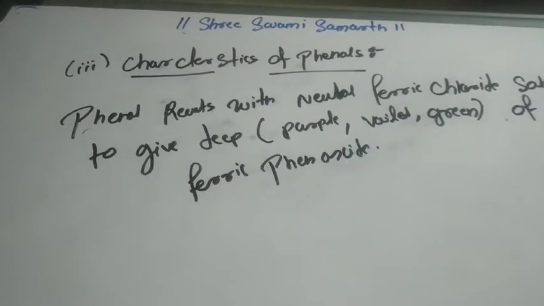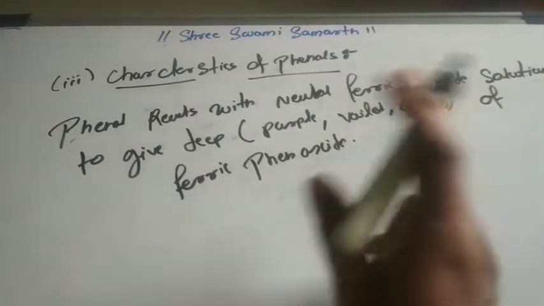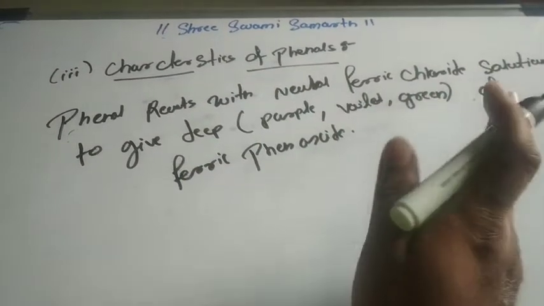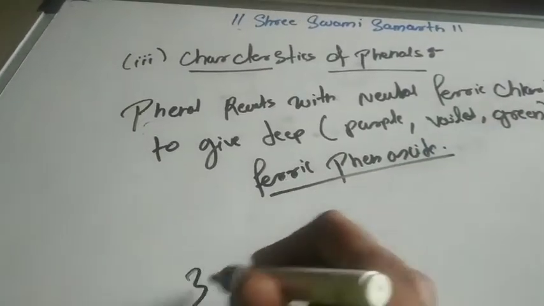So you all can note it down. Characteristic test for phenols: phenols react with neutral ferric chloride solution to give a deep purple, violet, green color of the ferric phenoxide. So let's see the reaction.